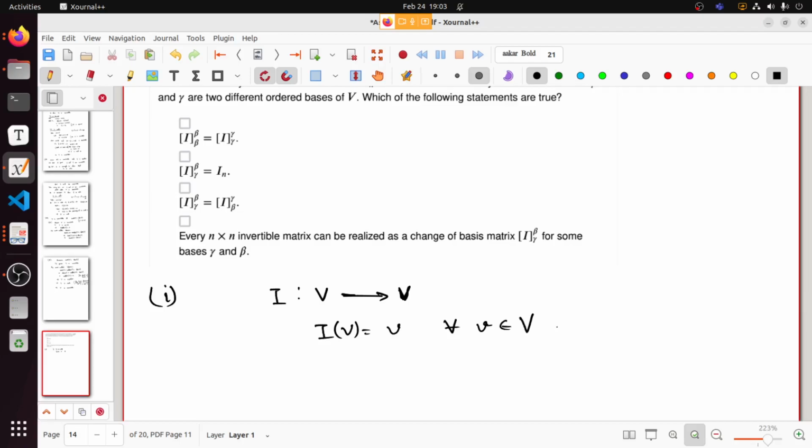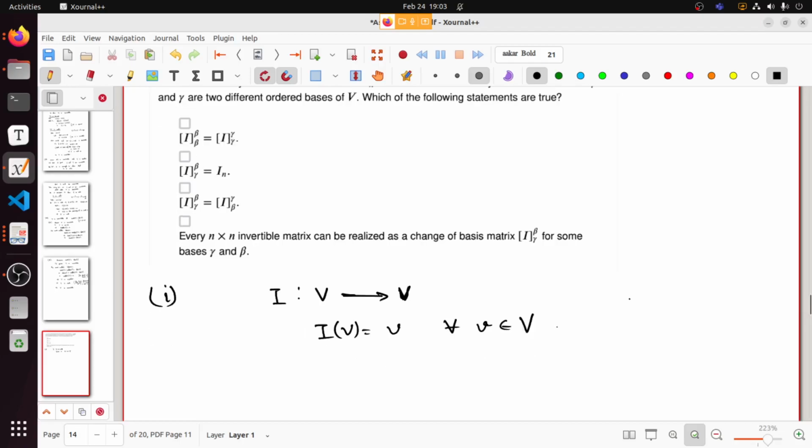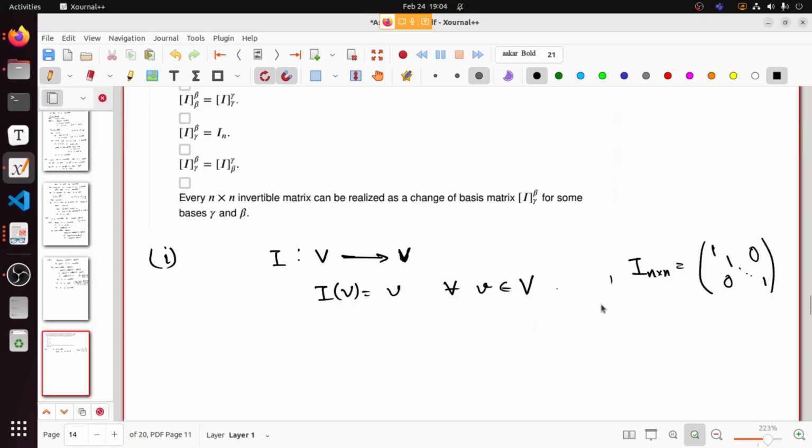So this is the identity transformation. And what is In? This is the n cross n matrix, meaning 1 1 dot dot dot 1 and all others are 0. So this is In, right? So the matrix of the identity transformation is the identity.